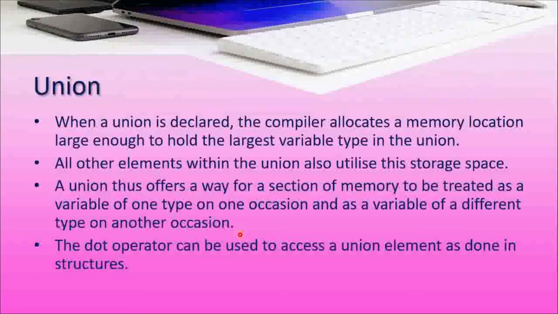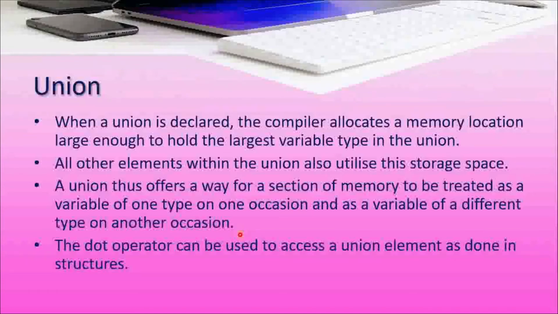If we assign a value to another floating point member, this memory location will be overwritten. That means only one variable can be stored inside a union at a time.